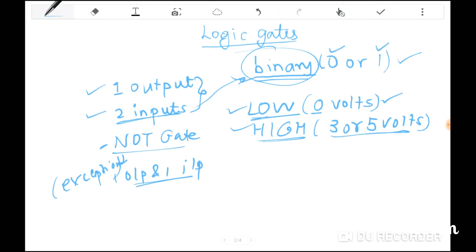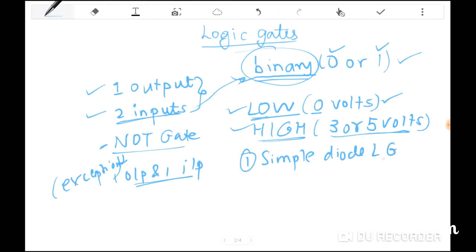We have n number of logic gates in electronics, out of which we will be categorizing these logic gates into two parts. The very first part, any guesses? You're correct: simple diode logic gates.